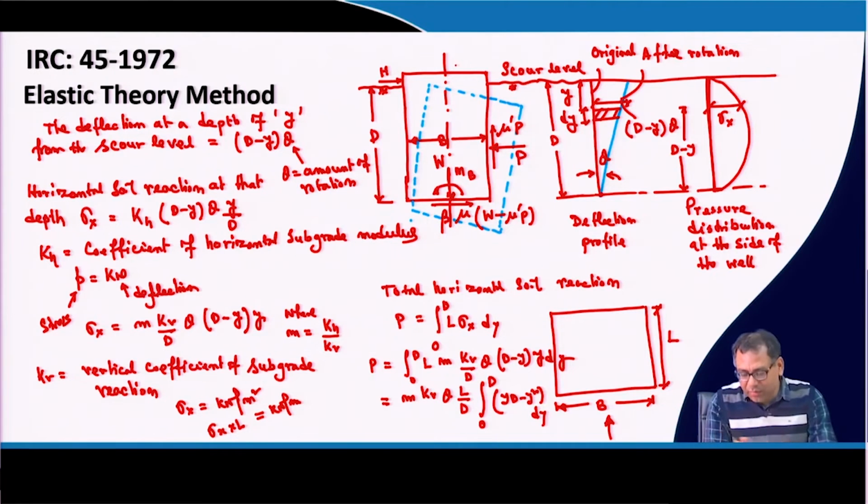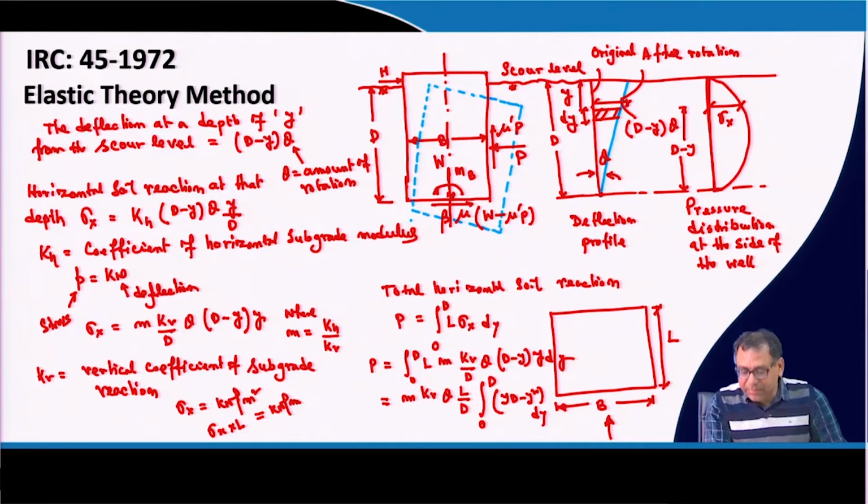Then what are the moments that are counterbalancing this applied moment M? Suppose M is the applied moment with respect to the base. Then what are the moments acting opposite to M? That moment is M b, which is due to the base soil reaction, counterbalancing the applied moment.